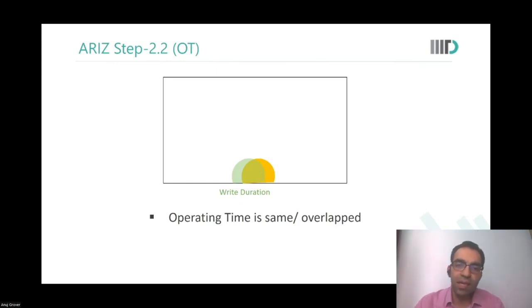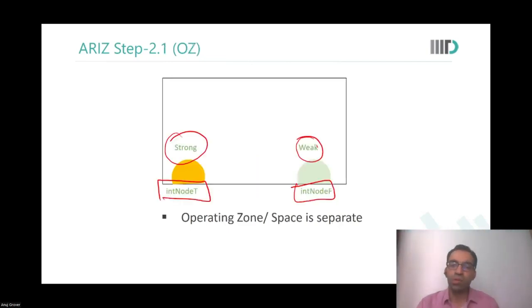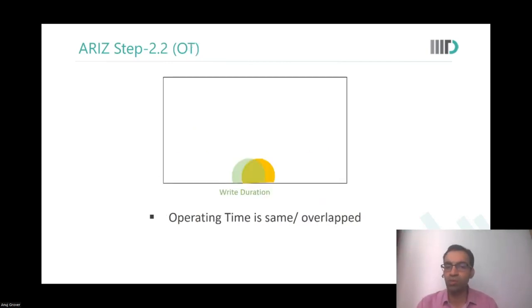Now that is the same for both int node T and int node F. I want to start to write on int node T and int node F simultaneously. So there is an overlap. Since there is an overlap, I realize that separation in time may not be a solution to this problem. So separation in space, there could be a solution. Separation in time, there may not be any solution.